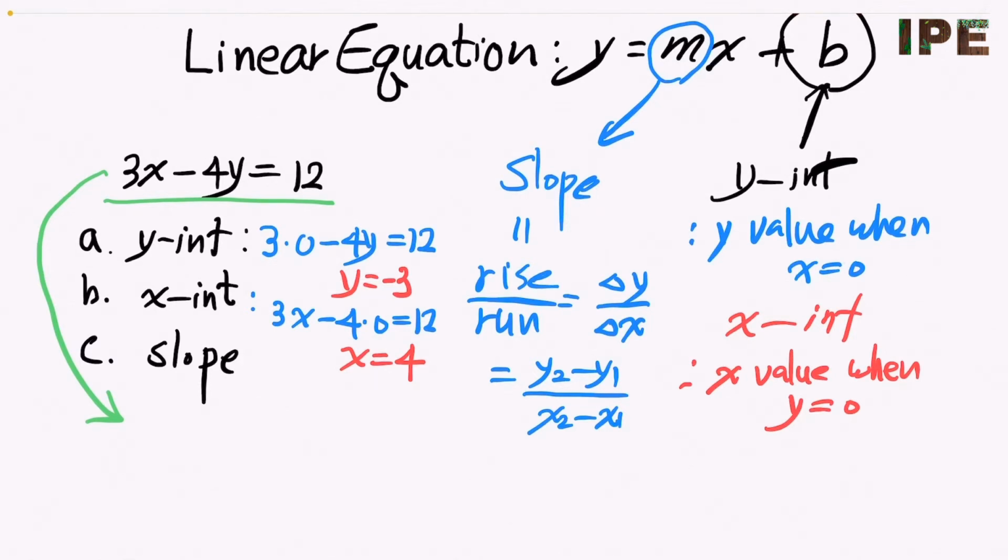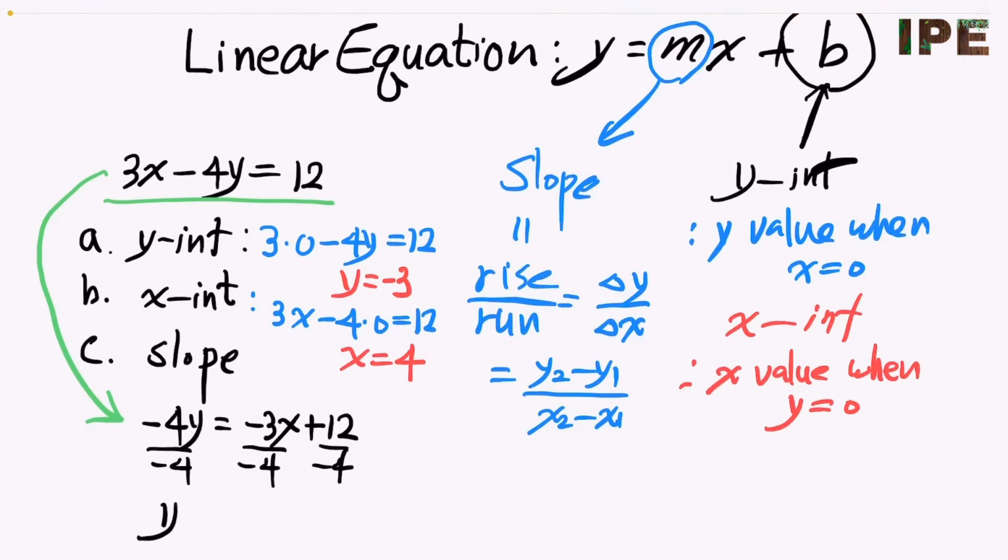So I'm going to subtract 3x from both sides. So negative 4y equals negative 3x plus 12. And then divide by negative 4, negative 4, negative 4.